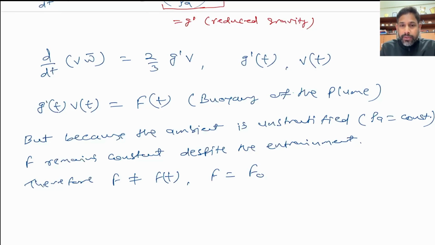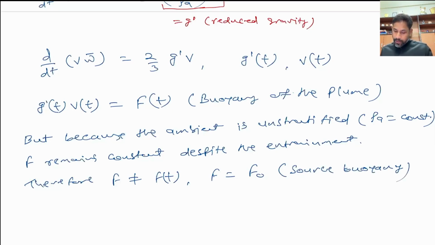And that is exactly what's happening here. There is entrainment happening, there is mixing happening, and that is why the volume increases and G prime decreases, but both of them happen at the same rate. One increases with the rate of decrease of the other, and that is why this remains constant. So F is not a function of time, it is just a constant, and that is equal to the source buoyancy.